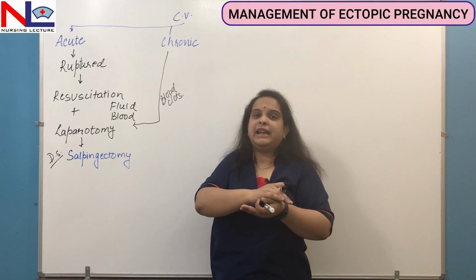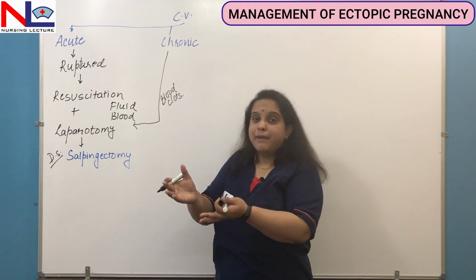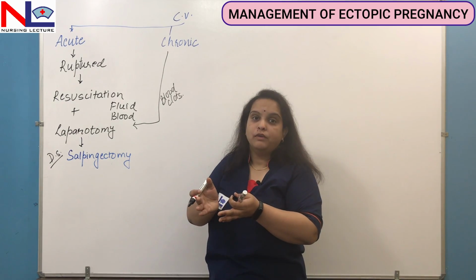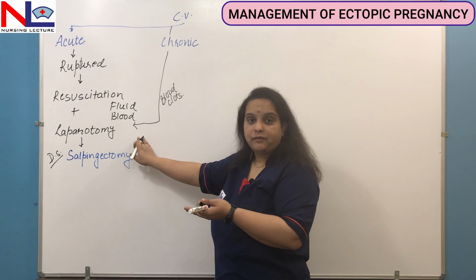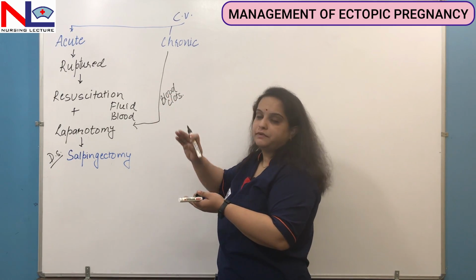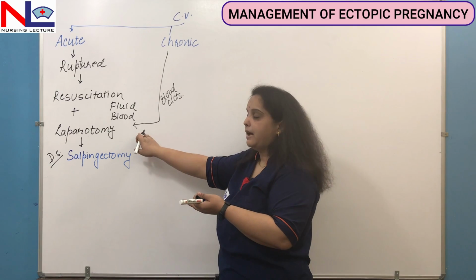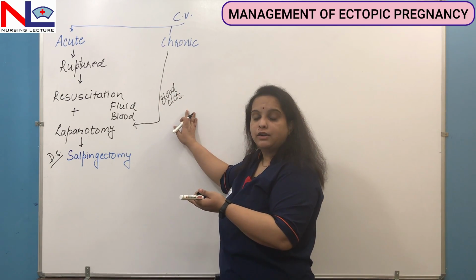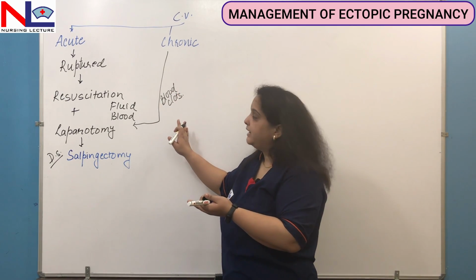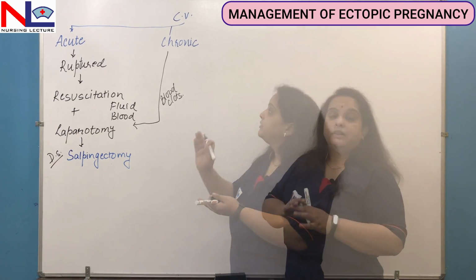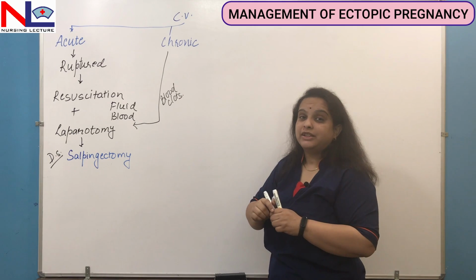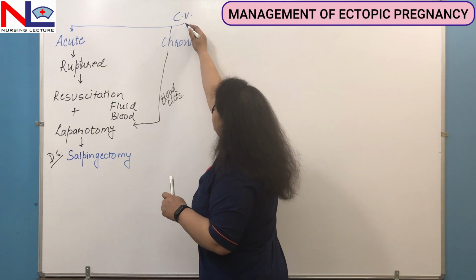Although they are healing, they are forming hematocele, which we should remove. So in chronic also we perform the same line of management as in acute: laparotomy, removing all the blood clots and the hematocele, and removing the damaged tube, salpingectomy. Now how can we manage the unruptured type of clinical variety?